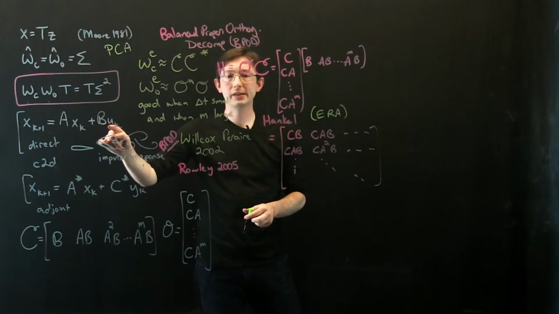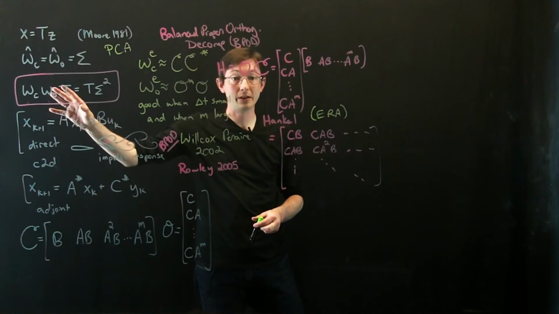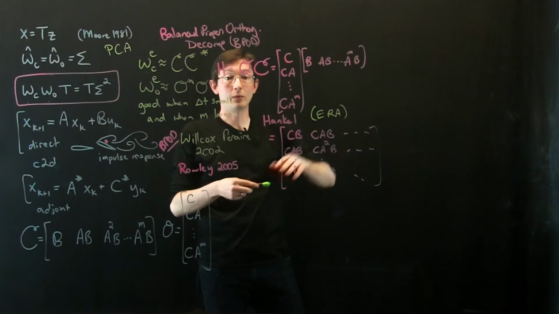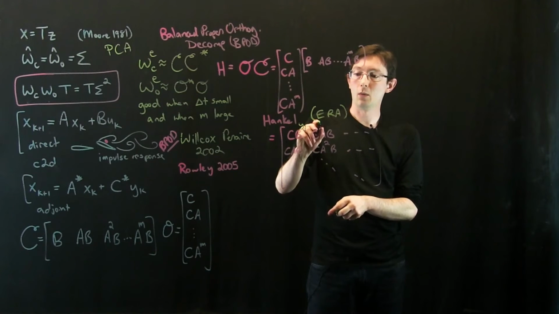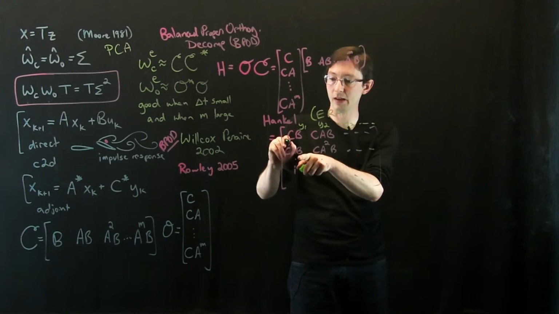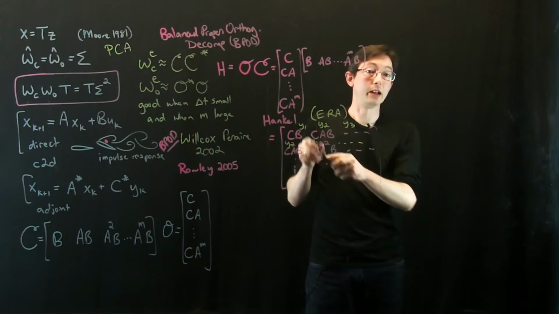If I gave an impulse in U and I just measured Y, I couldn't measure the full state X, but I could kick the system in U and I could measure my measurements Y. This would essentially be Y at time 1, Y at time 2, Y at time 3, so on and so forth. This would be Y at time 2, Y at time 3, and so on.